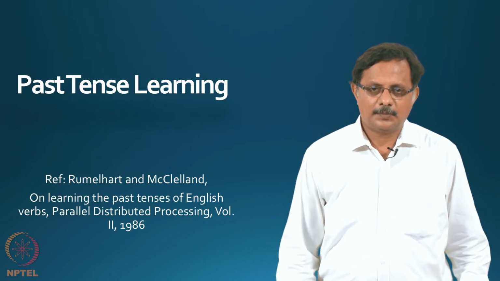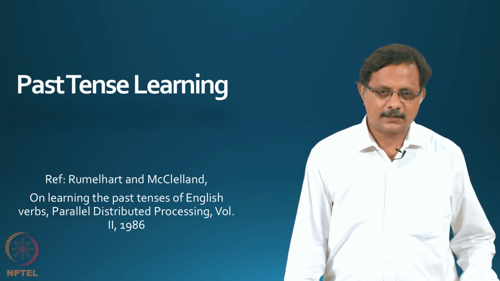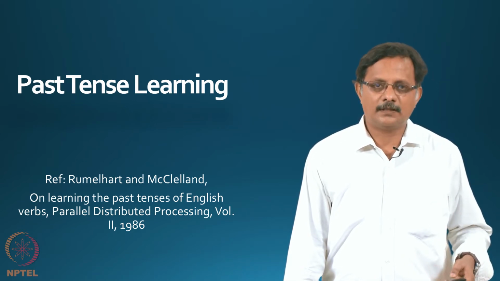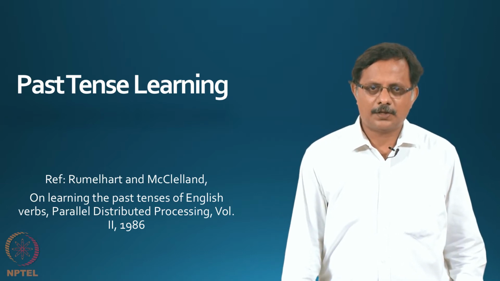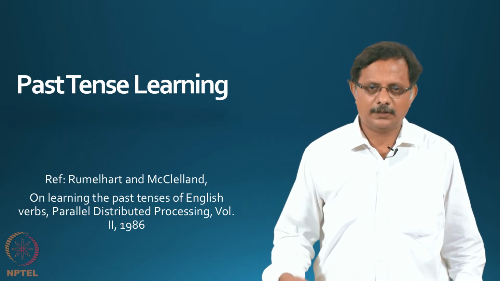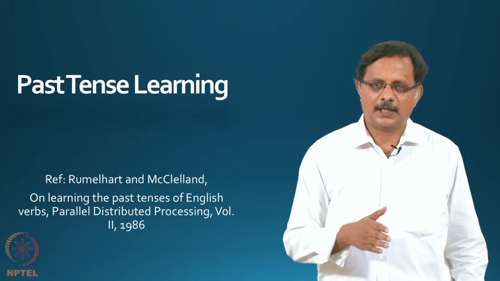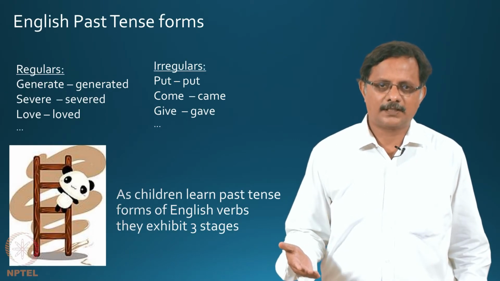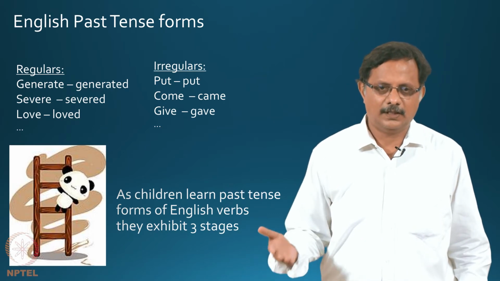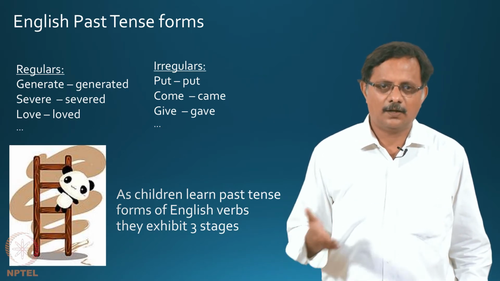So, among these examples, the first example we will see is past tense learning, that is, how do children learn past tense. Now, learning past tense in English is actually non-trivial if you really haven't thought about it much, because in past tense there are 2 kinds of forms. There are these regular verbs, for example, you have generate and generated, severe and severed, or love and loved, and so on.